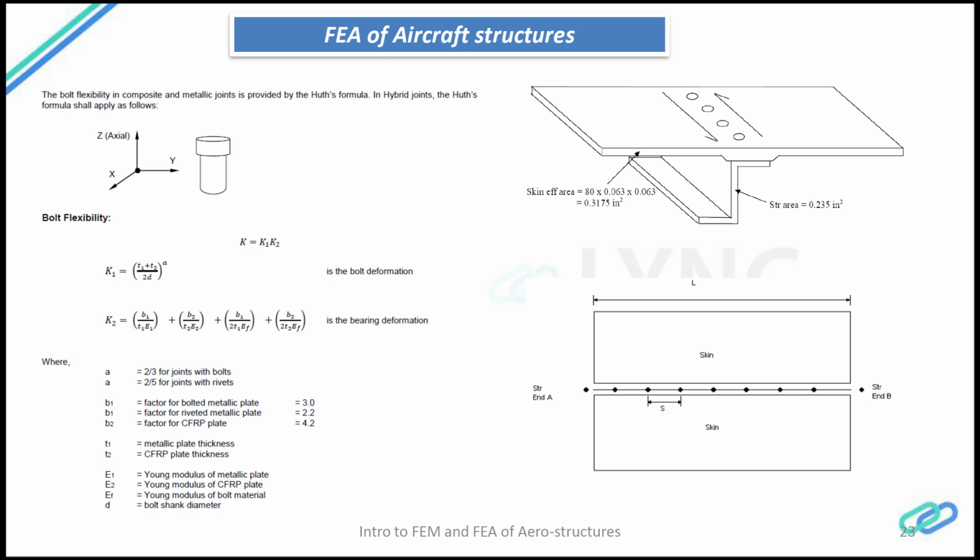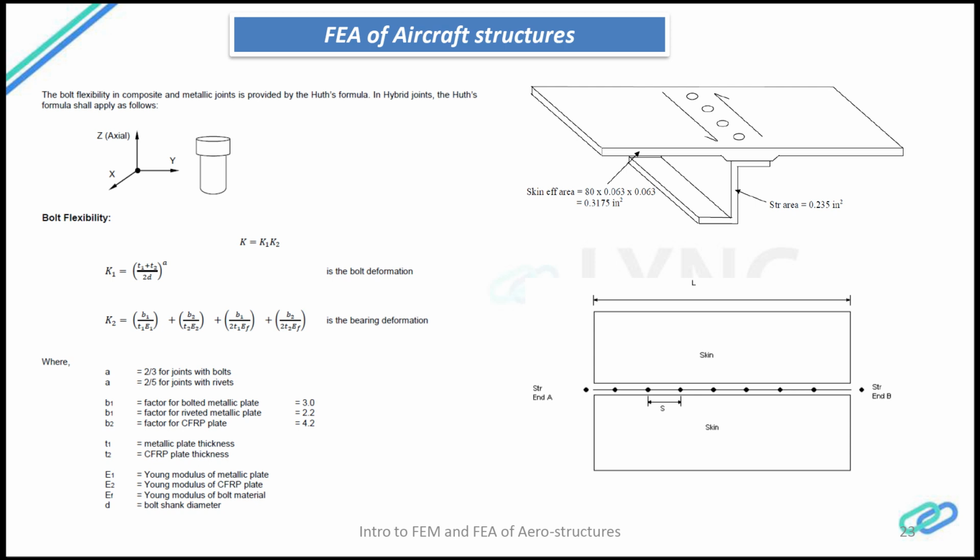For the skin itself, you have to come up with the geometrical parameters, area and moment of inertia. Similarly for the stringer or spar, you have to accurately calculate the area and the moment of inertia. For most of these geometries, in a typical aircraft industry scenario, drawings will be provided, and you have to pull out the dimensions from the drawings and see what type of fasteners are being used.